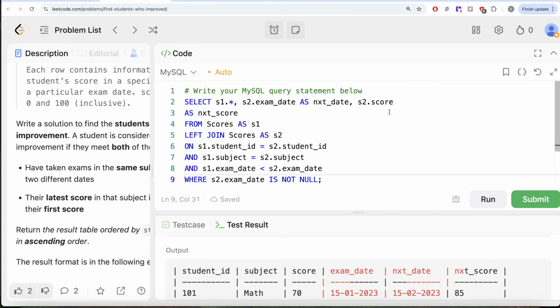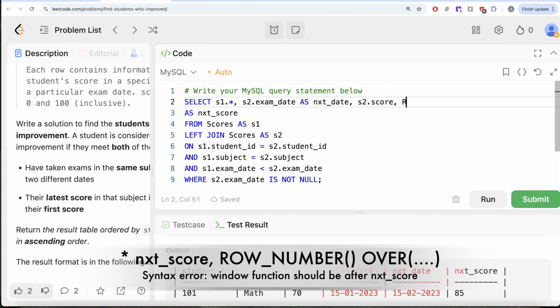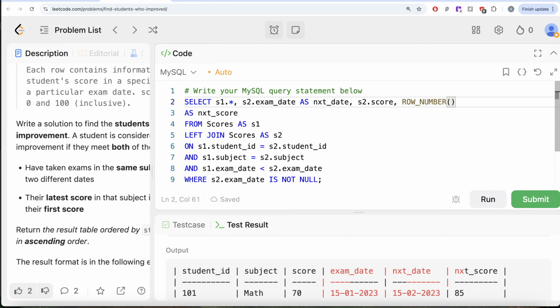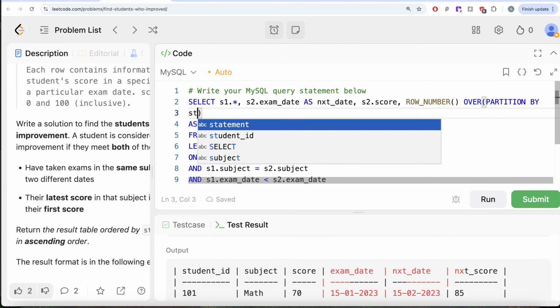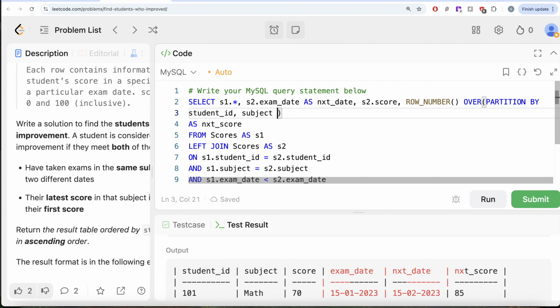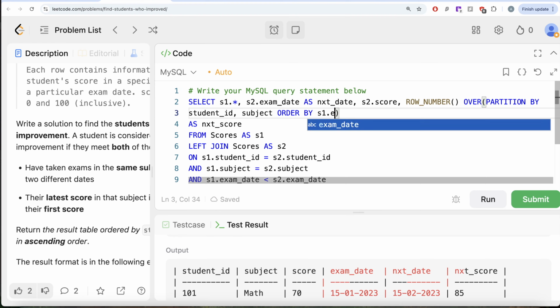So what we can do is we can rank. We can use any ranking function, but let me go ahead and do row number. Since this is a window function, we write the over clause, and we need it for every student ID and subject combination. So we partition by the student ID and then subject, then you order by s1.exam date, right?